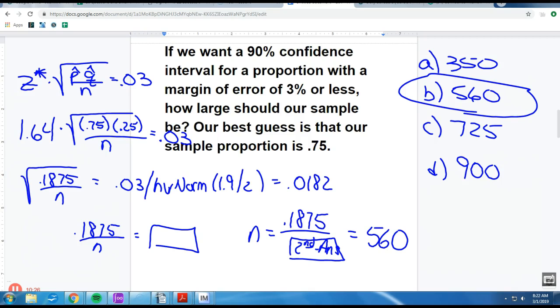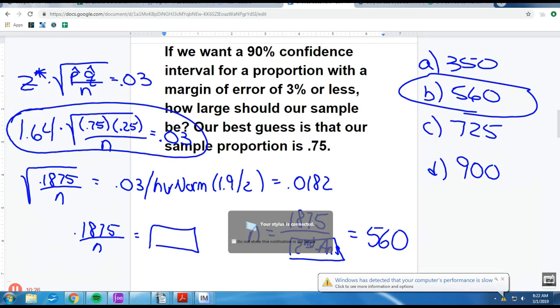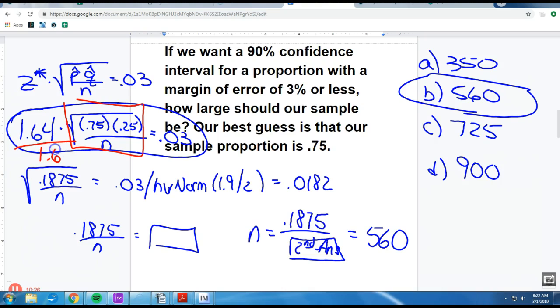How many had B? Questions? So if I look at this piece of it, I'm trying to get this by itself, so I'm dividing both sides by 1.64.